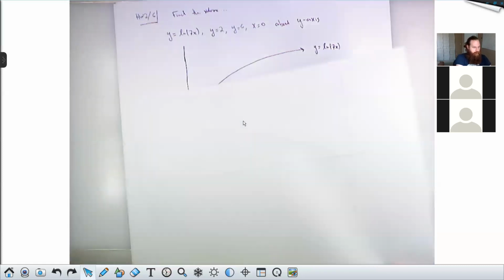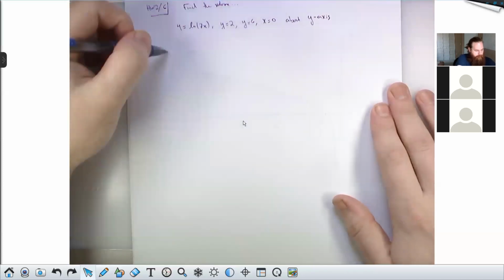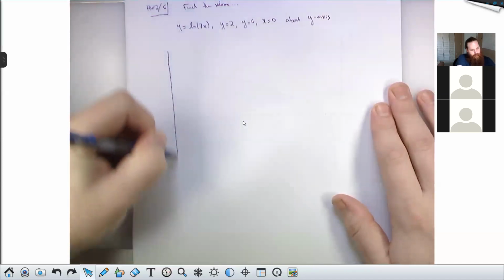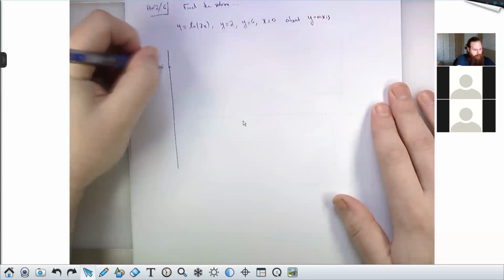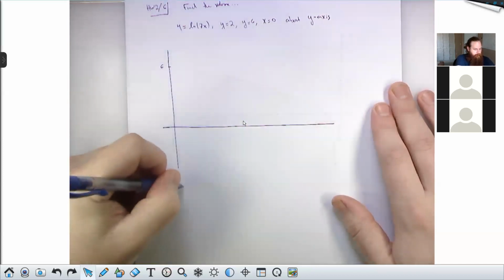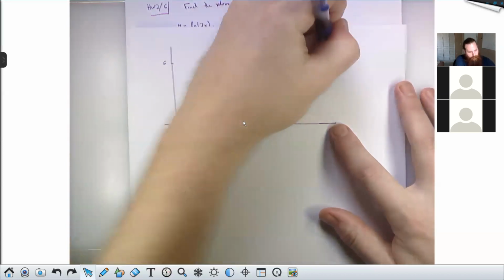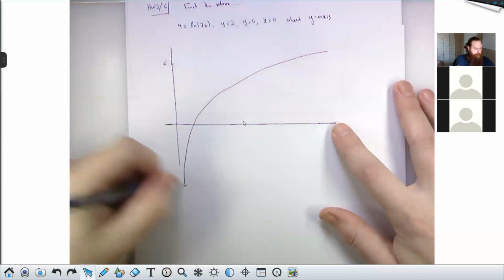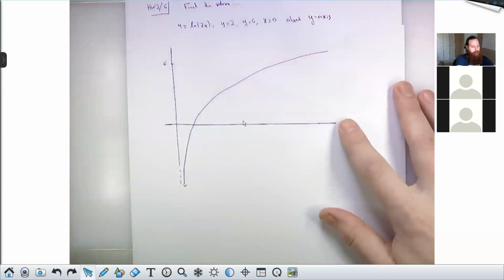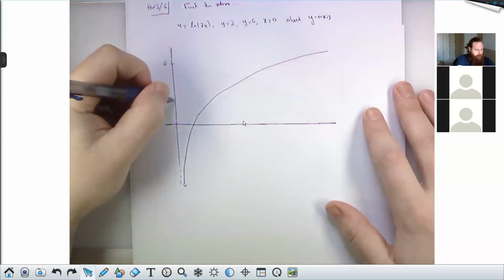Let's try uno más. We need to get all the way up to y equals 6. This very slow growing function, I may need to exaggerate the shape a little bit. I'll do it like that. Okay. So y equals 2 would then be down here.